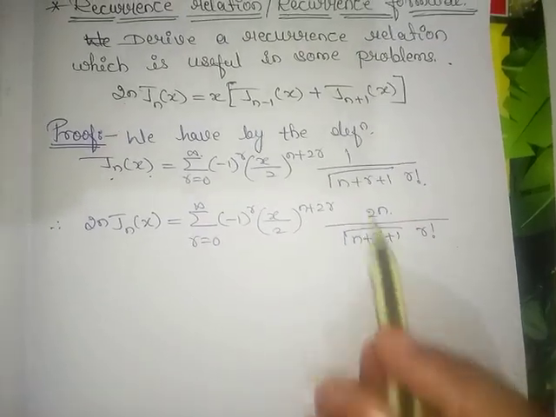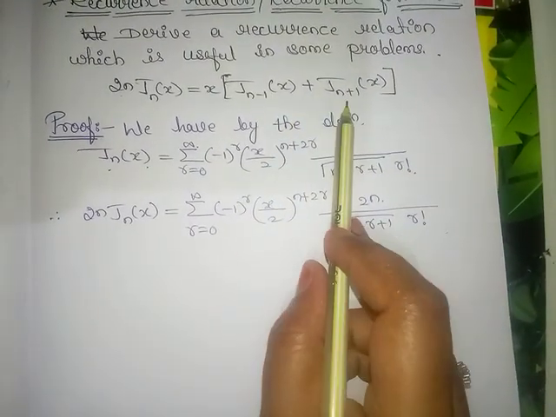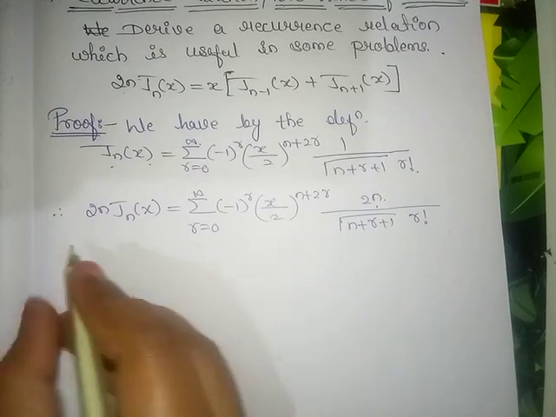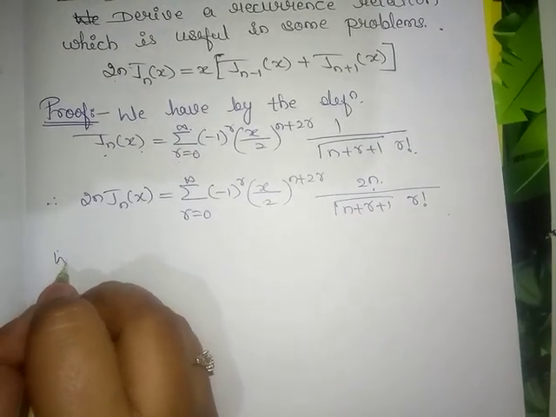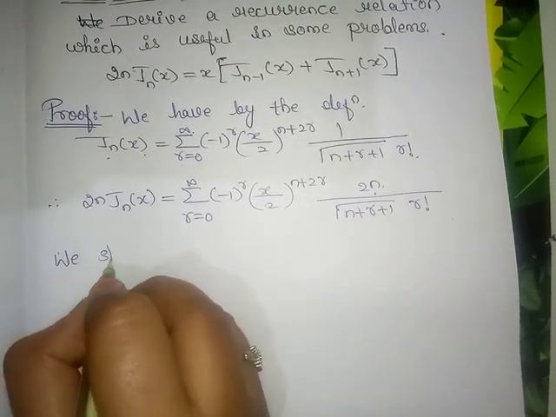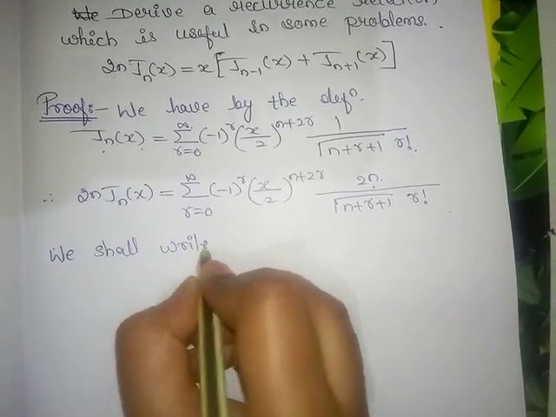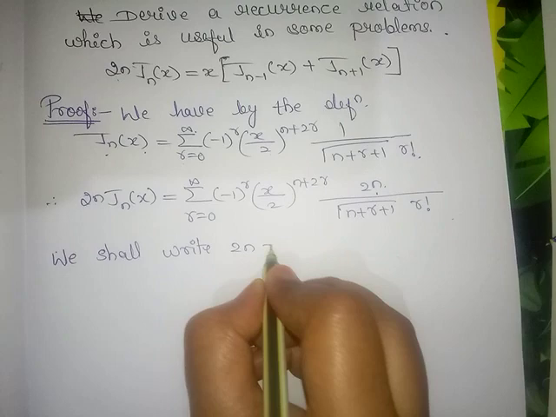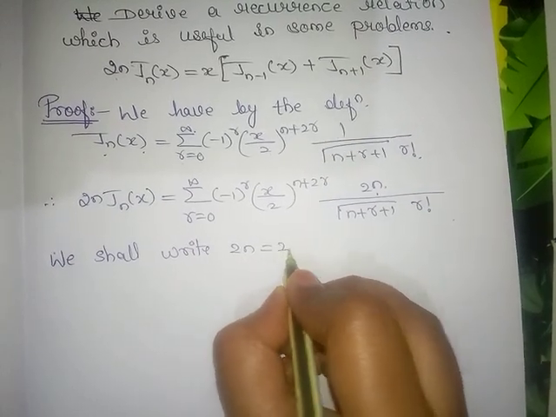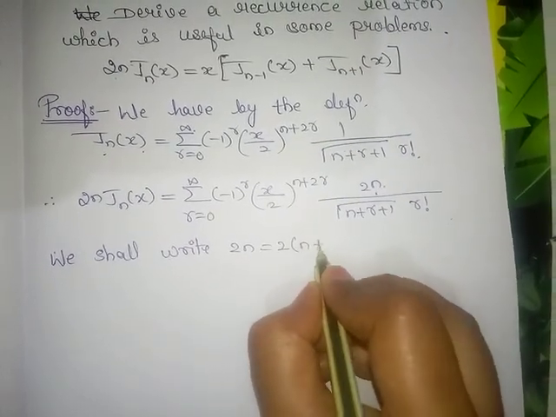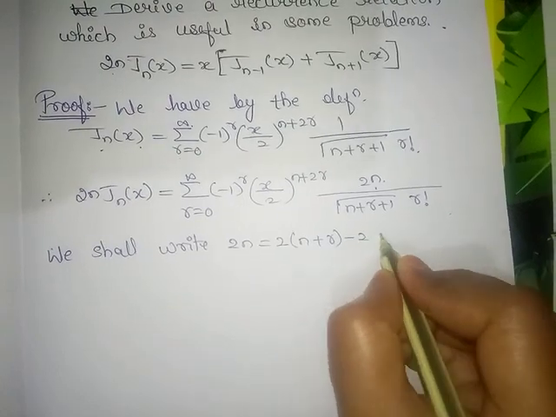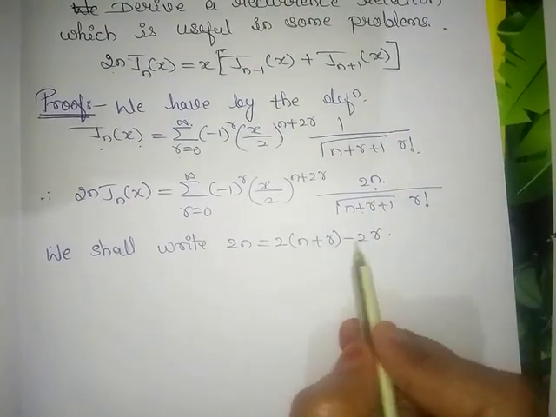Now, to get this result, I will take 2n as 2n is equal to 2 into n plus r minus 2r. This 2n can be written like this.